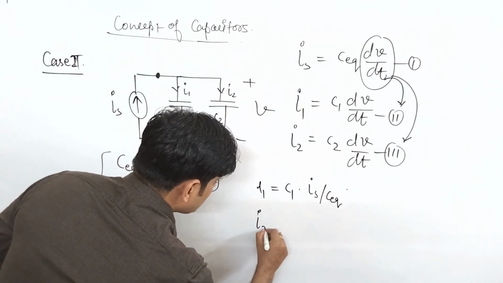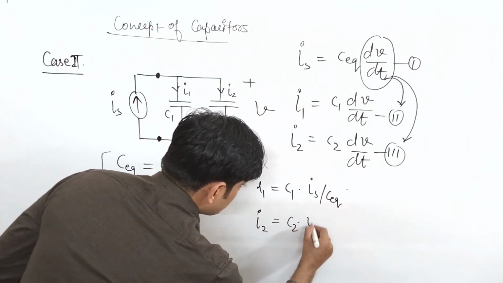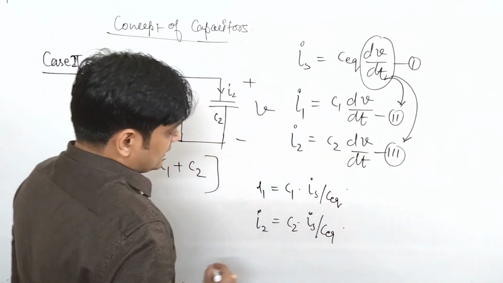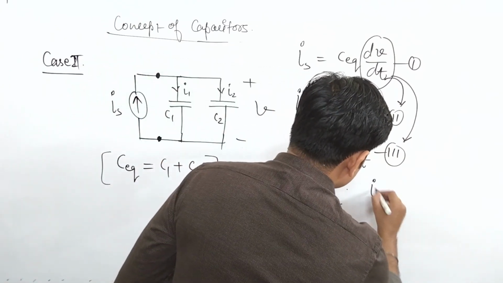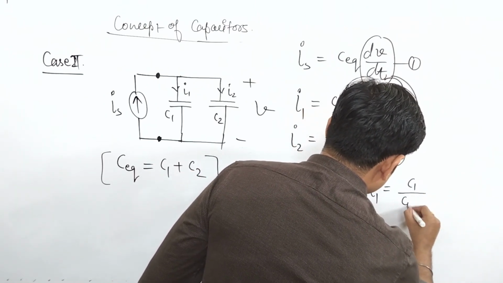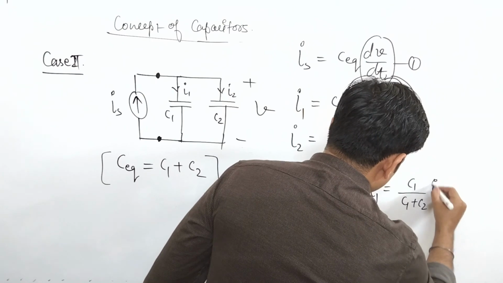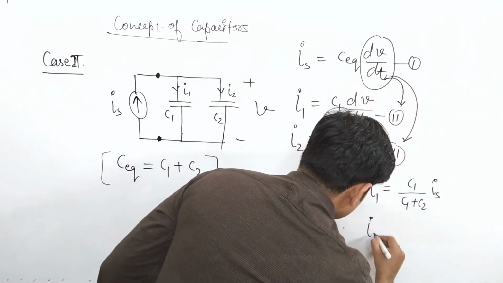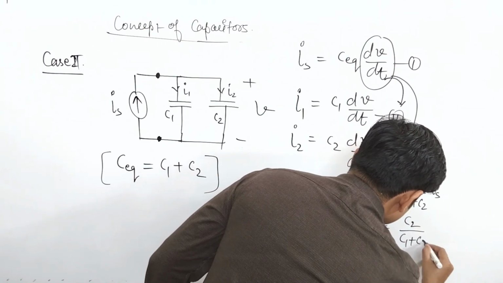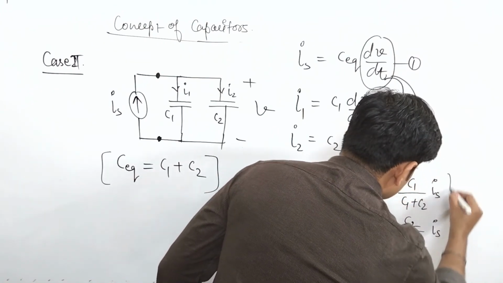Similarly, the value of I2 comes to be C2 into Is upon C equivalent. So from here the value of I1 comes to be C1 upon C1 plus C2 into Is. And the value of I2 is also C2 upon C1 plus C2 into Is.